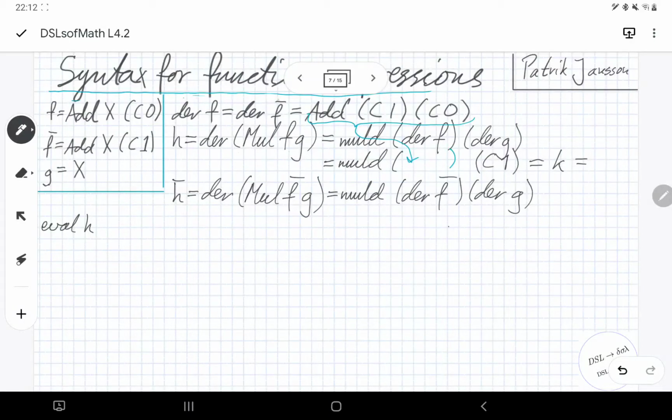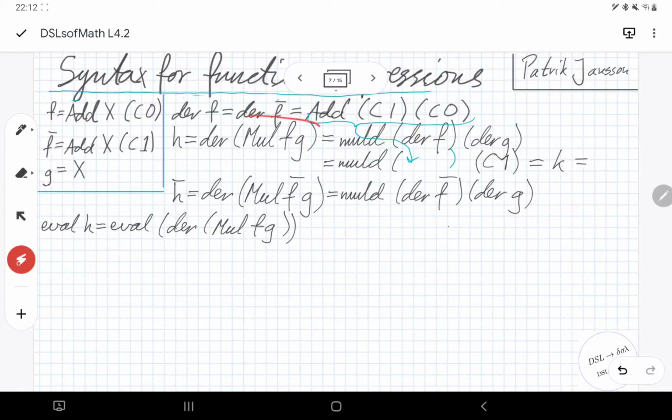So let's start with eval of h. So it's eval of der of mul f g. This was just copying down this line here.